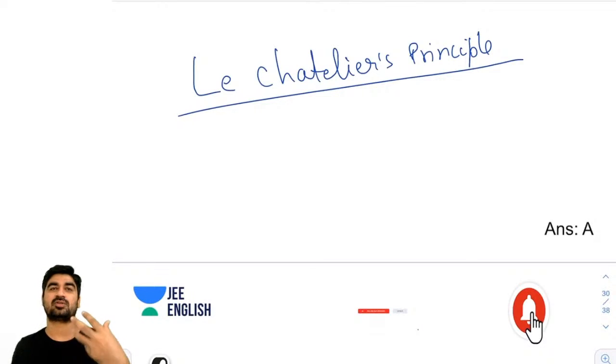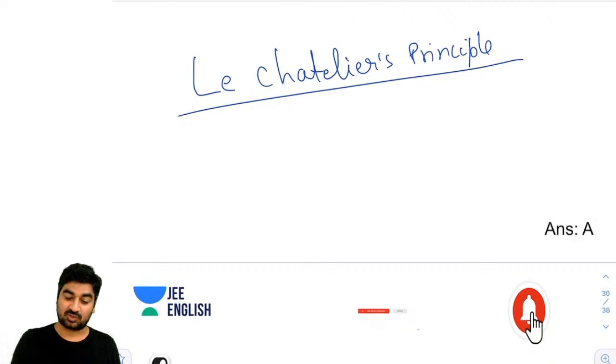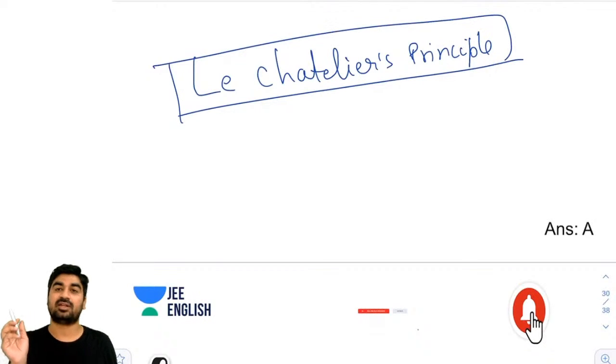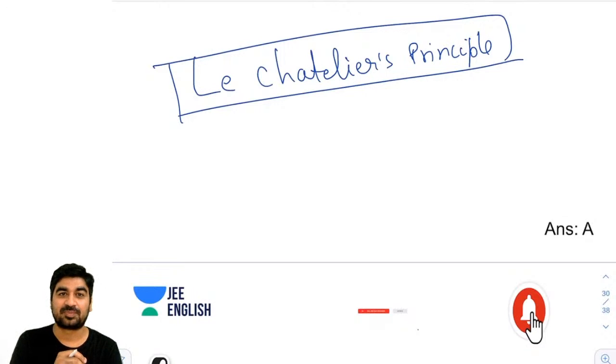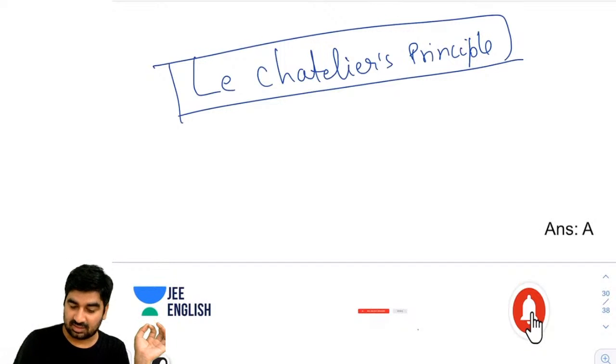But for BITS, you also have to prepare for some English and aptitude as well. Yes, because they generally ask this thing. So in the next class, I will be covering Le Chatelier's principle. It is very important, not just from IIT point of view, but for any exam you are going to take. So don't miss that. It will be covered in the next class, and I will be taking problems over it.